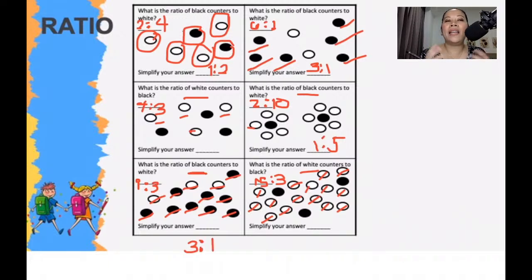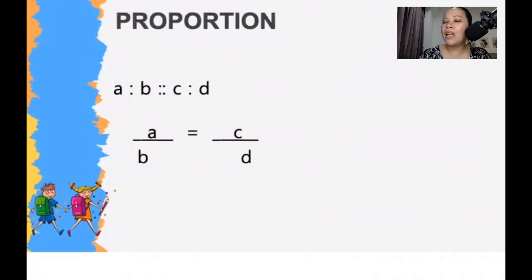Okay, so again, you have a last one, 15:3. Please do type the answer. Again, a ratio can be simplified by finding the common factors of the two numbers, whether 2 or 3 numbers. Yes, that is correct, 5:1.